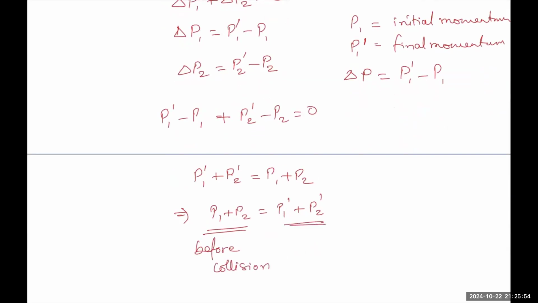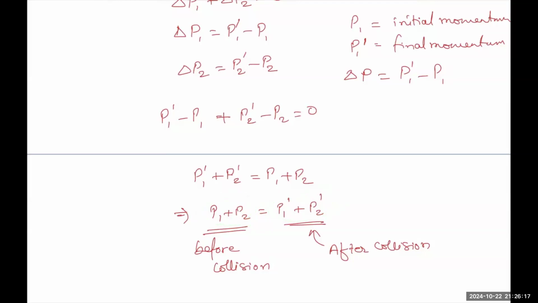And this is what? After collision. So the total momentum of the two cars before the collision and the total momentum after the collision are equal. And this is called conservation of momentum.